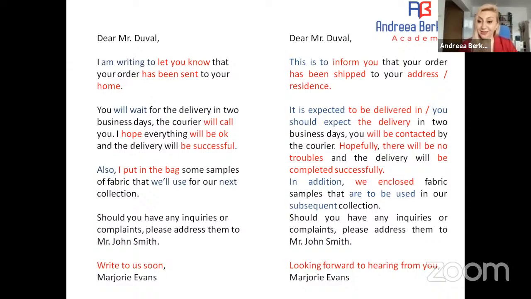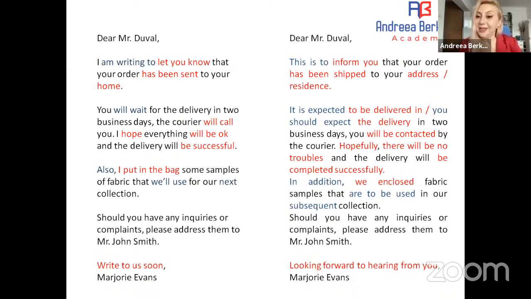To put in, indeed, I would definitely replace with to enclose. And I don't know about that next and subsequent. I don't know if I would use them. And instead of using I, which makes the communication very personal, we would rather use we, or an impersonal subject.